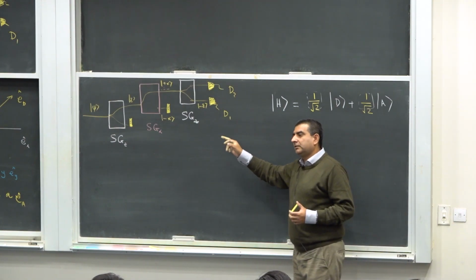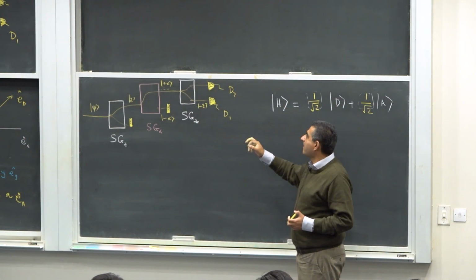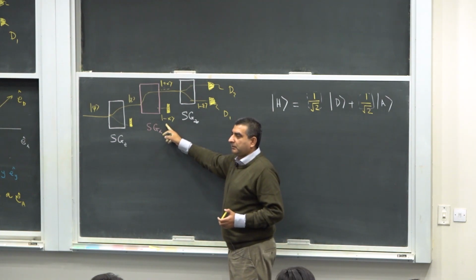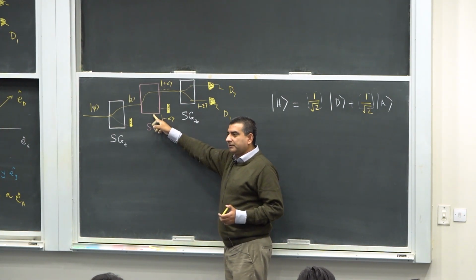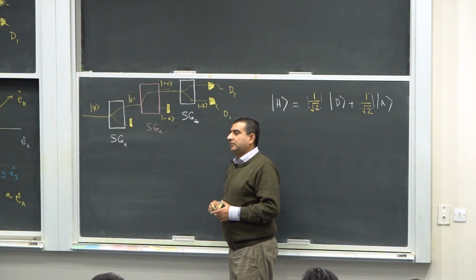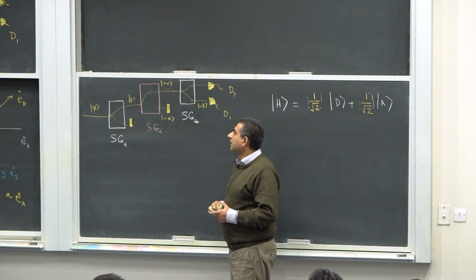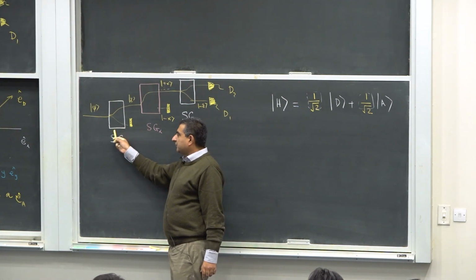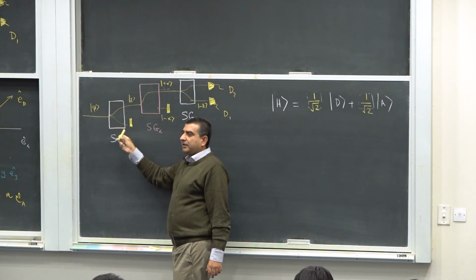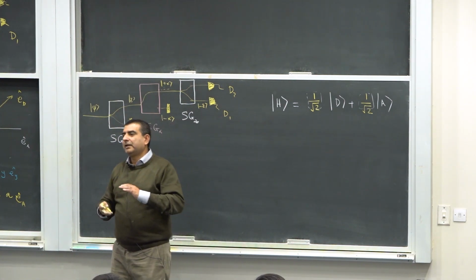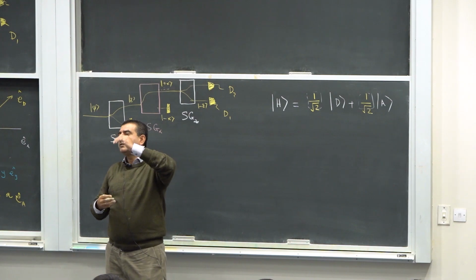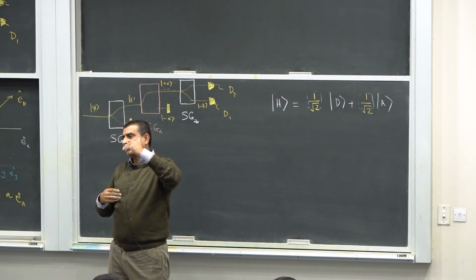Why was the thing coming out as plus x? Right, so this is a Stern-Gerlach apparatus. It has two output channels. The output channels correspond to certain kets, certain quantum states.